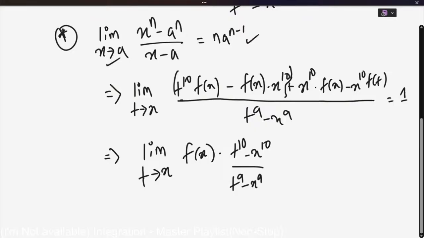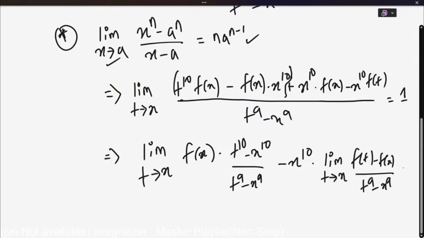And then from this part, obviously we can take x to the power 10 common, but we would rather take minus x to the power 10 common, which also is outside the limit again, because x is not a limit variable, it's basically a constant in terms of the limit, which we can also do for f of x. In the next step, we will do that. Limit t tends to x, and we have f of t minus f of x divided by t to the power 9 minus x to the power 9 equals 1.